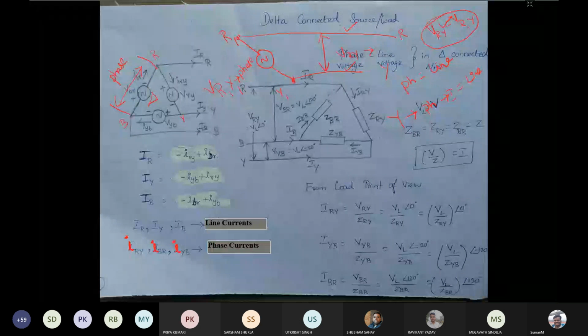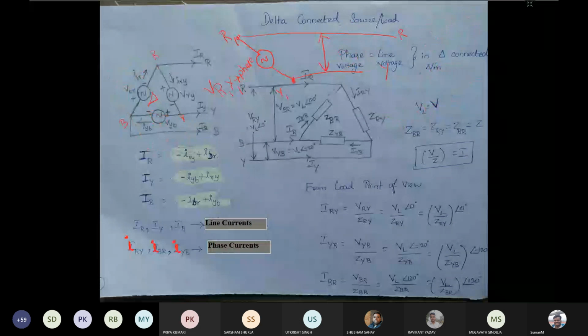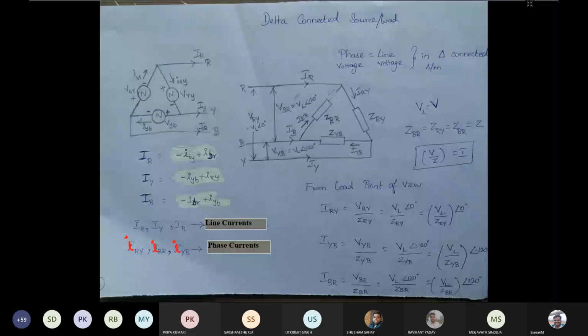Similarly, the voltage across these two terminals, across this source, is phase voltage. If there is a load here, then it is also a phase voltage, the voltage across the phase. Here it is the source, so it is a phase voltage across the source. So in any phase, the magnitude of phase voltage will be equal to the line voltage.